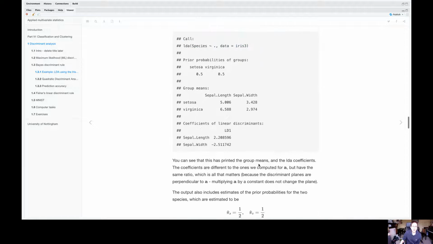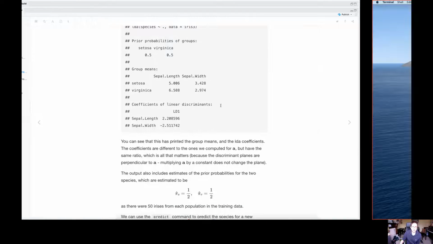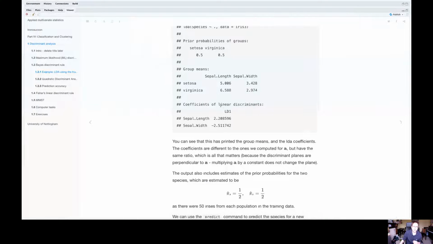Then it gives us the coefficients of these linear discriminants. This is not exactly the same thing as we got.